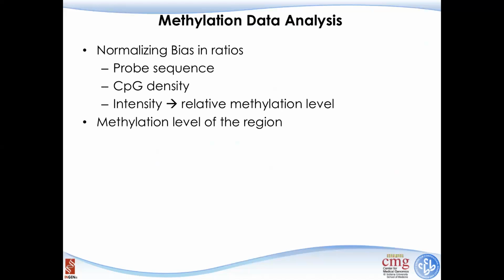Here the intensity we got doesn't tell you the exact methylation level. It just tells you the relative methylation level compared to control. And also, because this is a probe, the methylation level is for the region of the probe. It's not a single nucleotide.